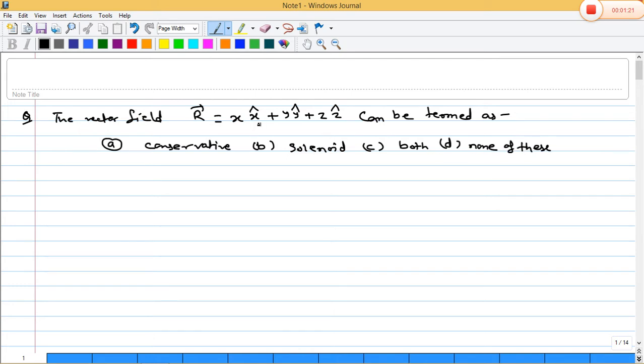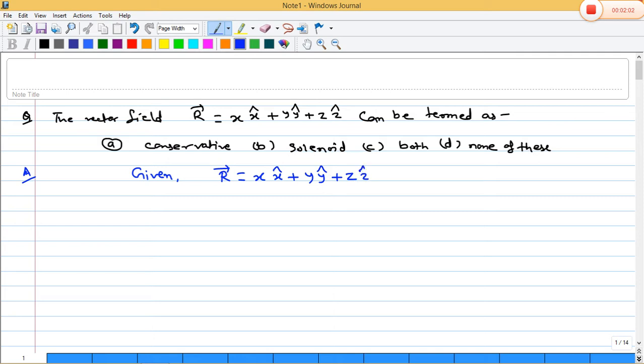So how can I solve these questions? We have to check all options. In this option, conservative and solenoid, for conservative we have to check the conservative condition and for solenoid the solenoid condition. We are given the vector field R, x cap plus y cap plus z cap.